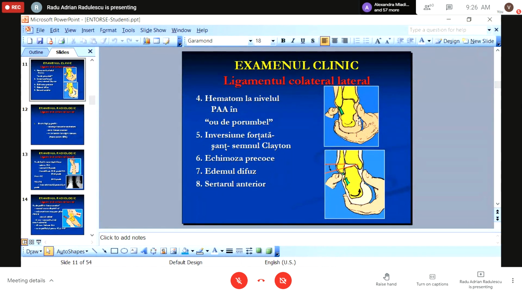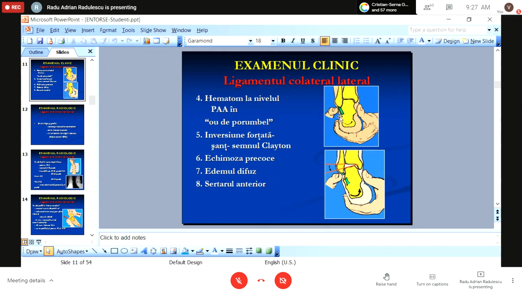We can see here a prominent swelling, which may even have the aspect of a pigeon egg. That description was done by the semiologist. Well, anyway, we don't know what a pigeon egg looks like. We are not zoologists here, but we must know that there is a prominence at the level of the lateral collateral ligament, which is usually due to a hematoma which forms there, and to the swelling.